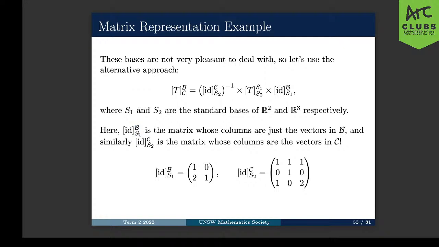But with the standard basis S1, that makes it really easy. The coordinate vector is essentially just the same as the original vector. And so that just ends up with the effect of having the columns just as the vectors in B. And similarly for this one, it's just the matrix whose columns are the vectors in C. So we literally just write down the vectors in B as columns in the matrix, and same thing for C.